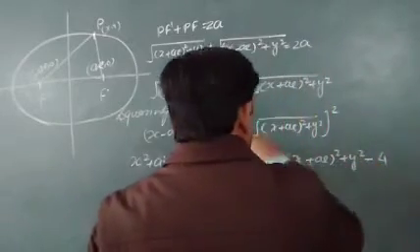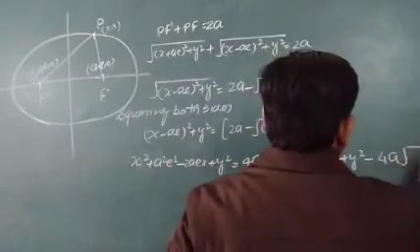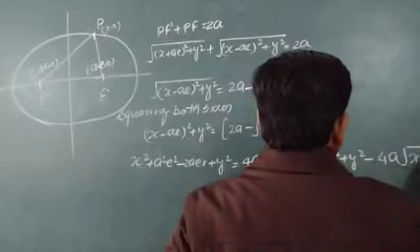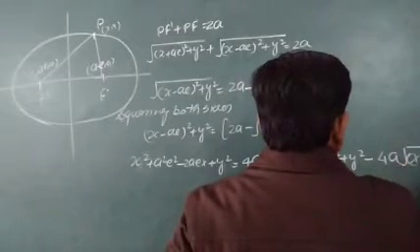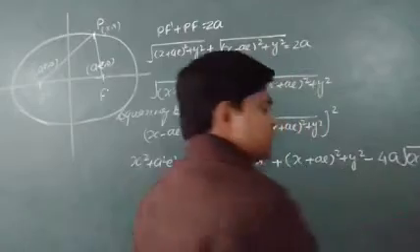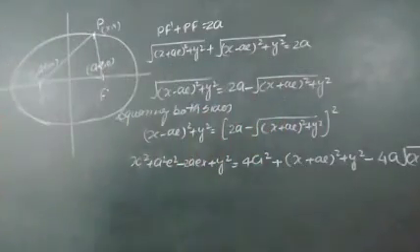So 2 into 2 will be a, and this one will be x plus a the whole square plus y square. What I am thinking, this will be coming.